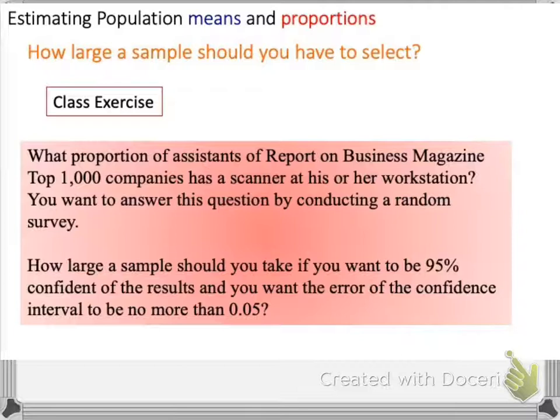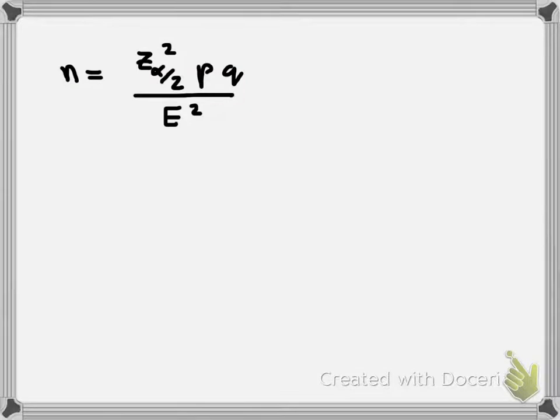How large a sample should you take if you want to be 95% confident of the results, and you want the error of the confidence interval to be no more than 0.05? So this one is a proportion one. You want to figure out how large your sample should be if you're trying to create a confidence interval to estimate the population proportion.